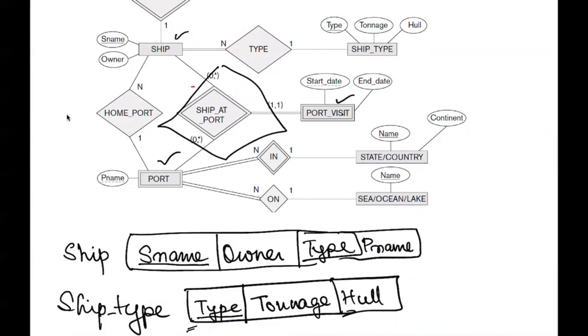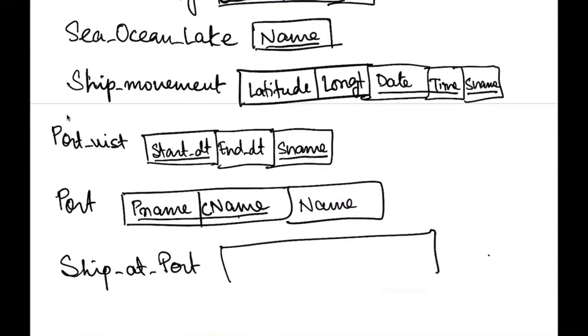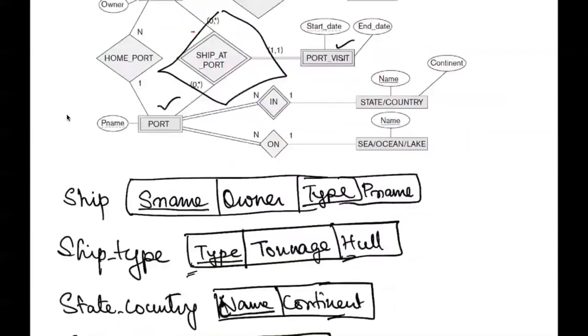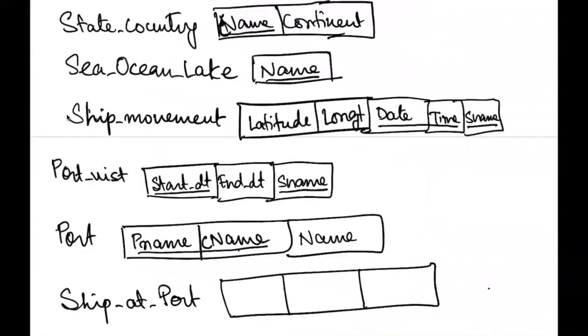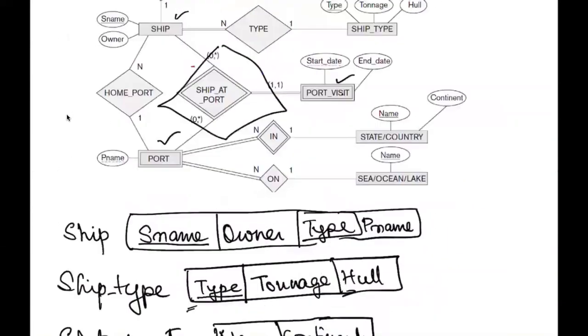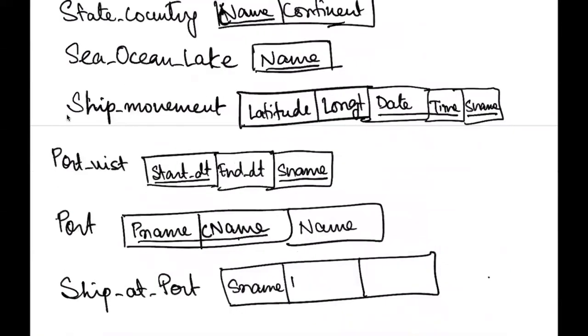So create a new relation, ship at port, and put in it the primary keys of all these relations. The primary key of ship is S name. The primary key of port is P name, C name, so put P name, C name.